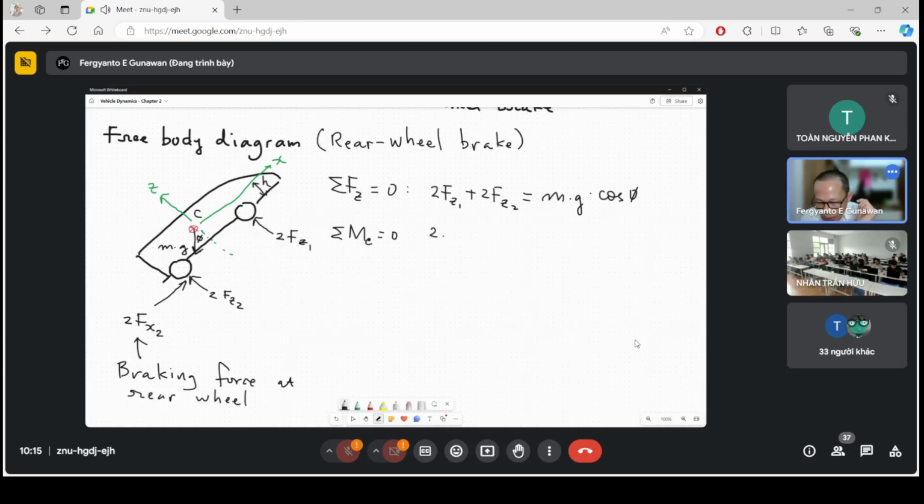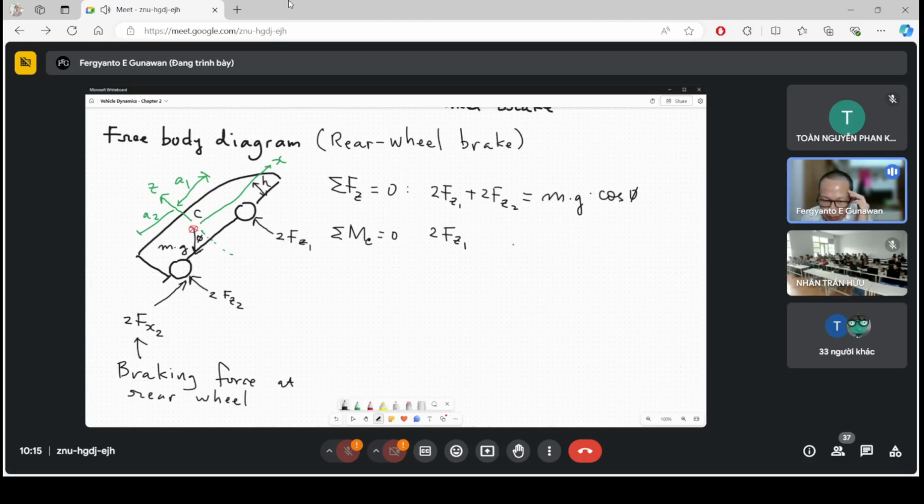2Fz1 times, and remember that the length of this is a1, and the length of this is a2.